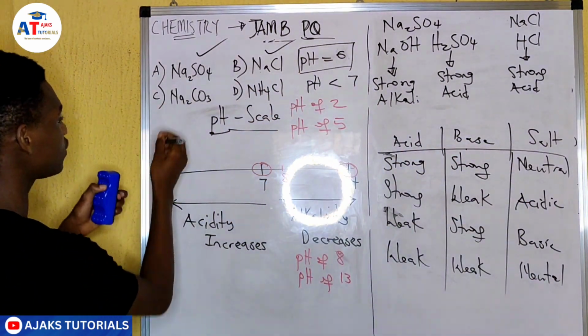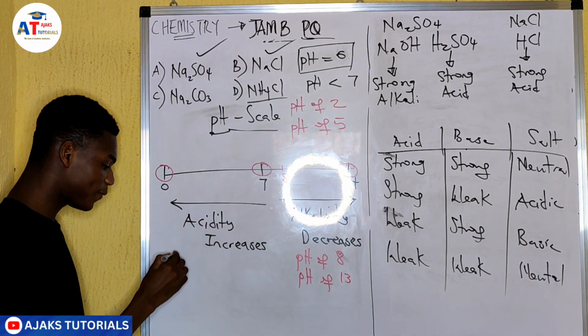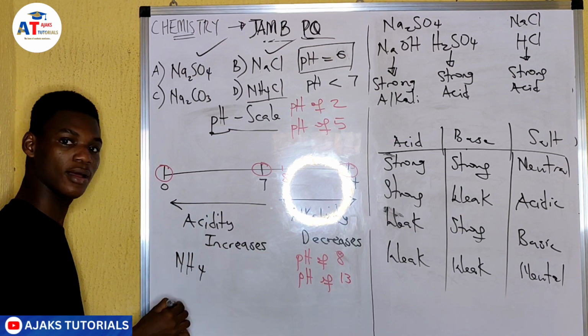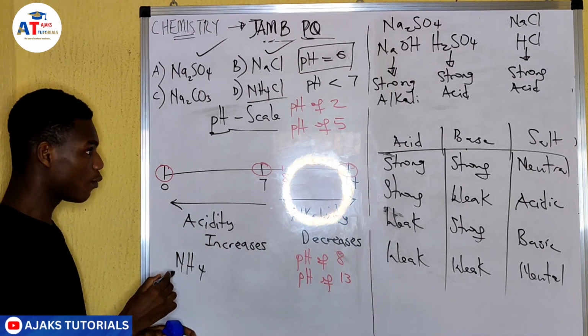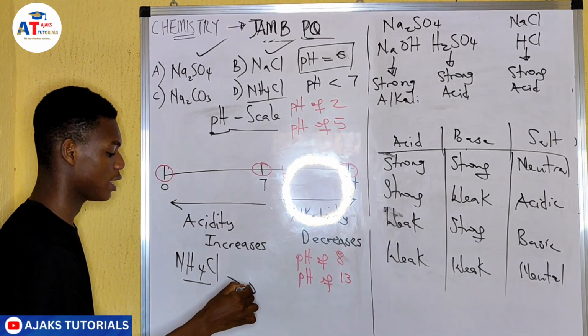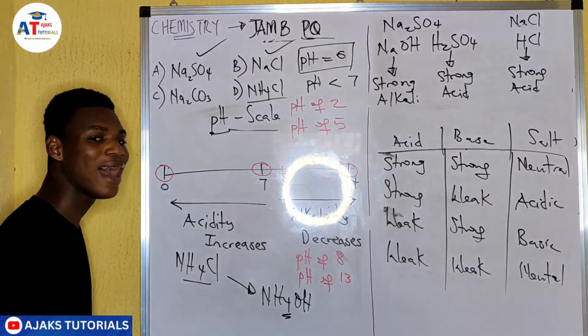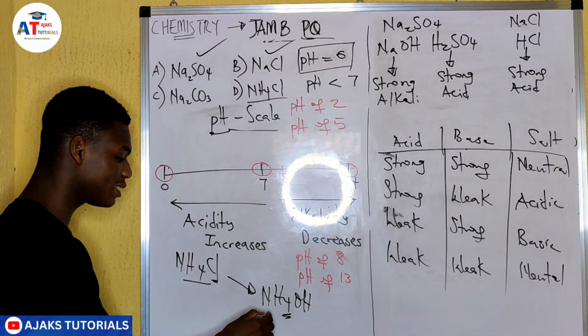Now let's go. Let me use this one: NH4Cl. NH4Cl is a salt produced by dissociation of NH4OH, ammonium hydroxide, and HCl.